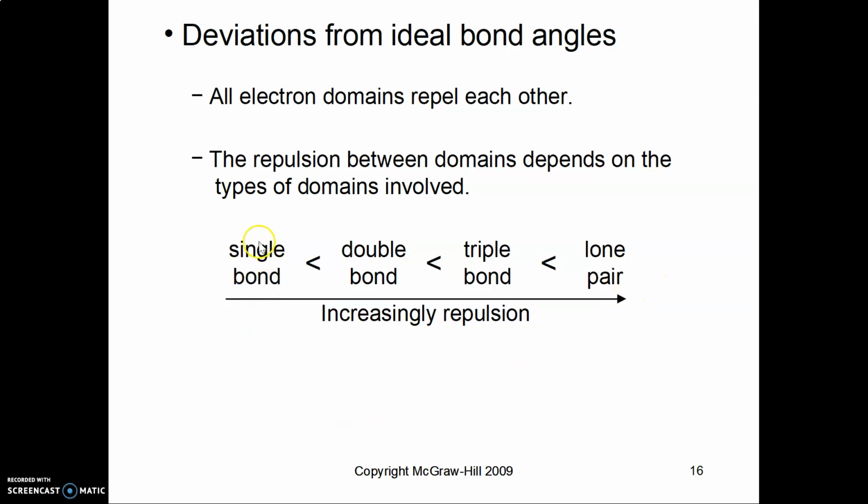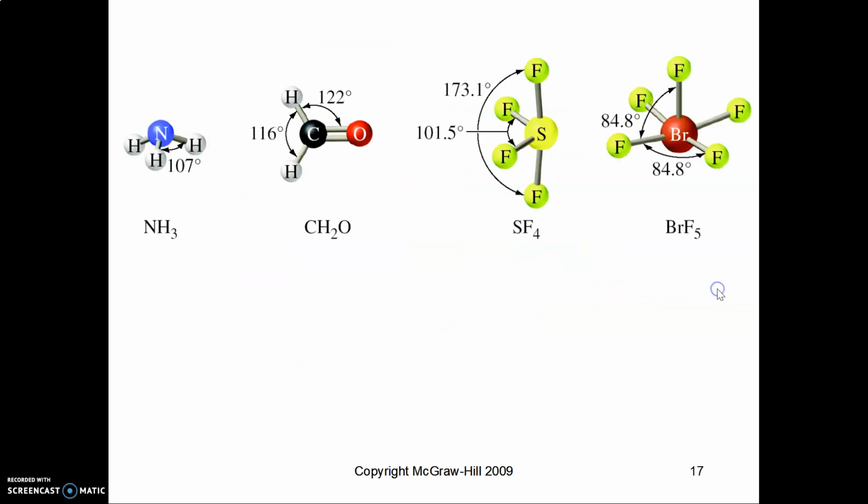But single bonds won't really repel as much as double bonds or as triple bonds. So if you remember the charts, right, this lone pair right here, because there is a lone pair there, wants to be as far away from these single bonds as possible. But these single bonds don't really mind being a little bit closer to each other.